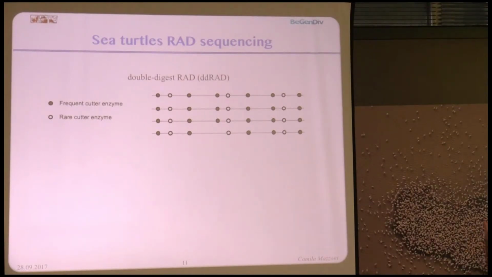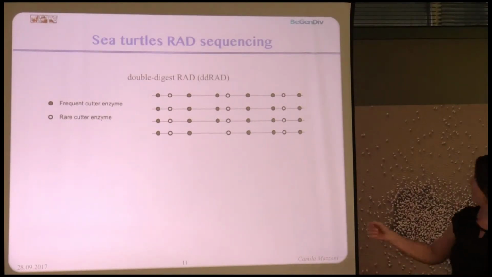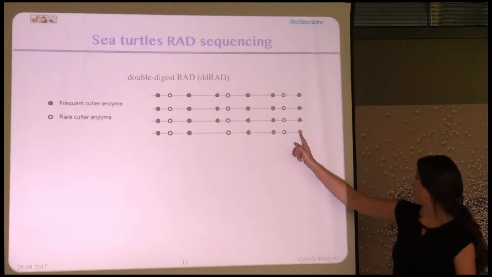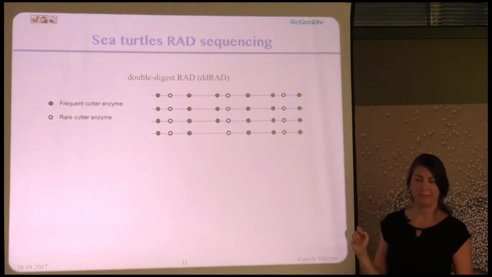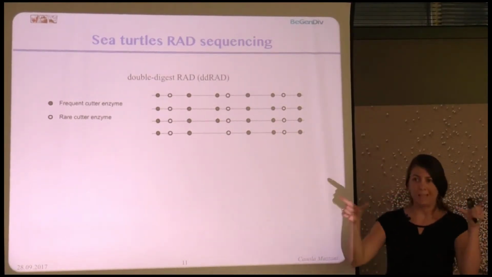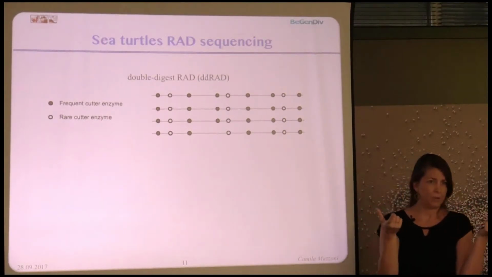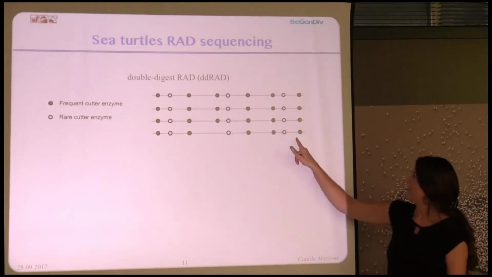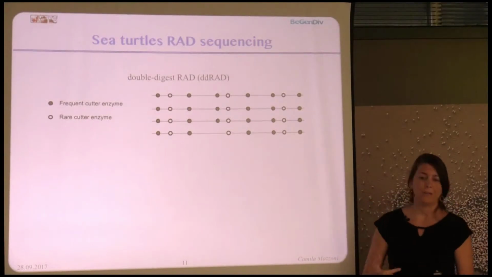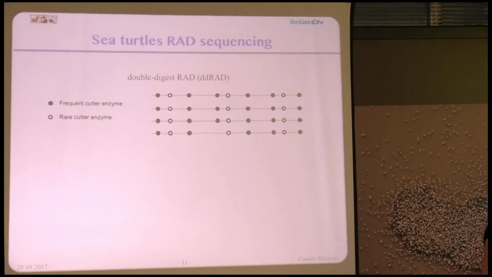That's because they only get sequenced if they have one restriction site on one side and the other on the other side. Because as you put the adapters for Illumina technology, you need to have 2 different adapters so that it gets sequenced. And in this way, you control how many loci you're sequencing from your genome.